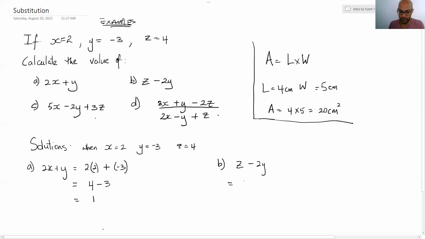Z is 4, right? Y is -3. So 4, and then we work out our bracket. We learned to do brackets. -2 by -3. The negative by negative is going to give me a positive, and 2 by 3 is going to give me 6, right? So I'm going to get 10.